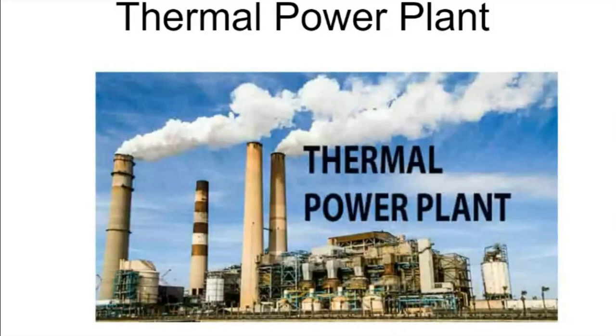Then the most important requirement is that whenever a thermal power plant is being installed, a huge amount of machinery has to be taken from the machine manufacturer's location to the thermal power plant location. For example, how many of you know about the big machinery manufacturing companies like Siemens, ABB, BHEL, and Crompton Greaves?